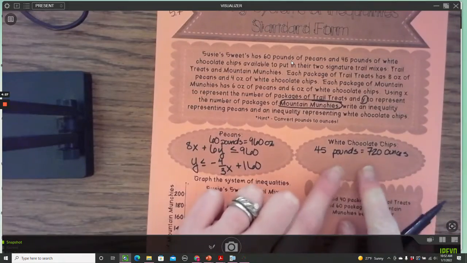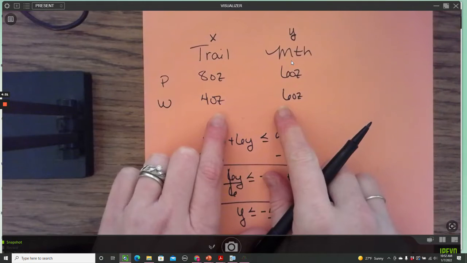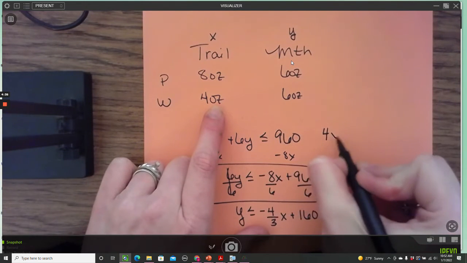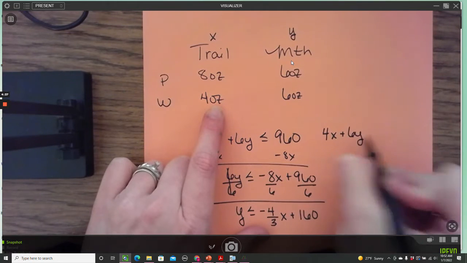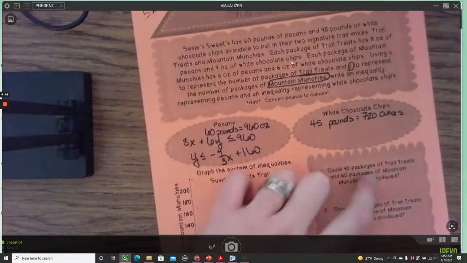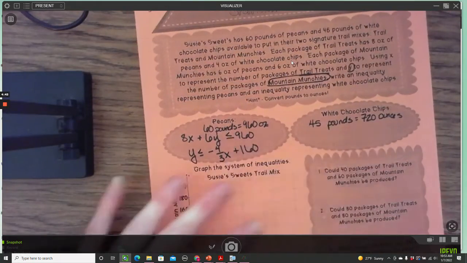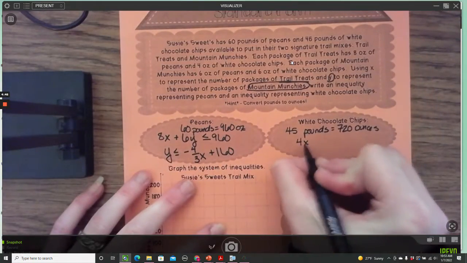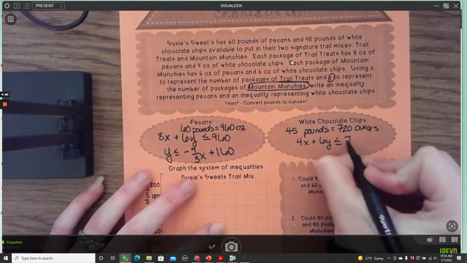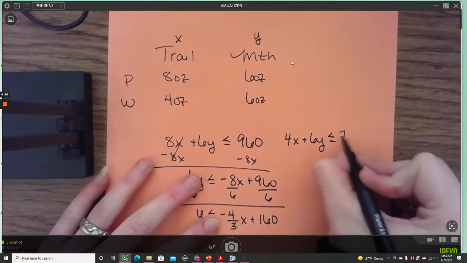When we do the white chocolate chips, again looking at the chart that I made, this is x, this is y. So 4x plus 6y is going to have to be less than or equal to 720.